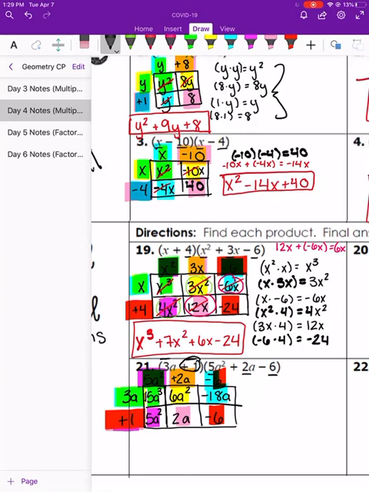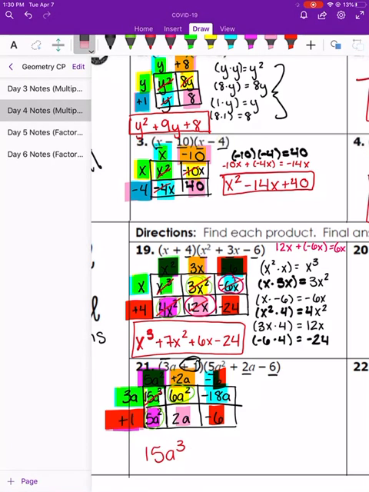Okay, now I'm just going to start combining terms. So I have my 15a cubed, which combines with nothing else. My 6a squared does combine with my 5a squared, which will give me 11a squared.